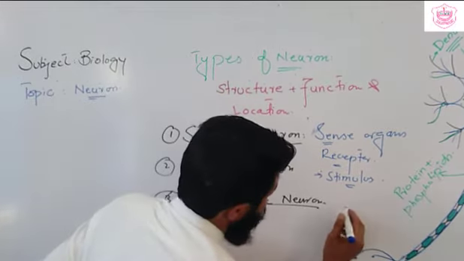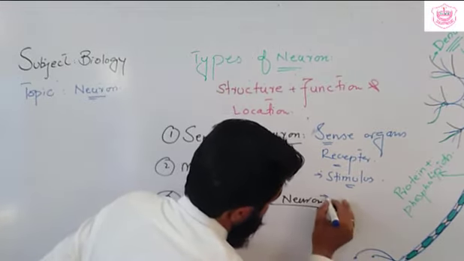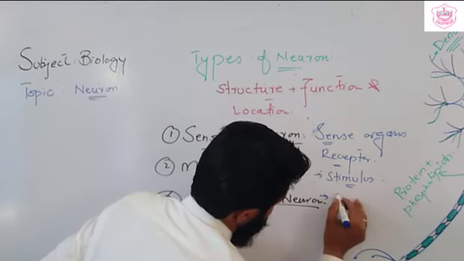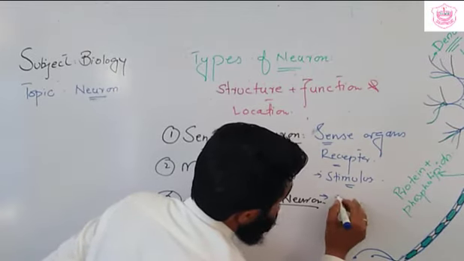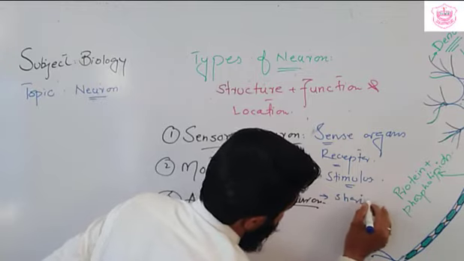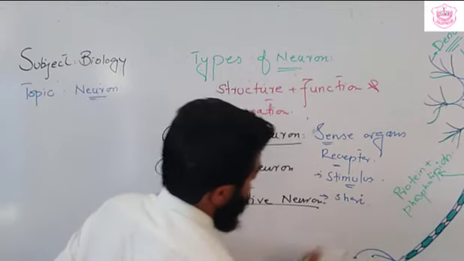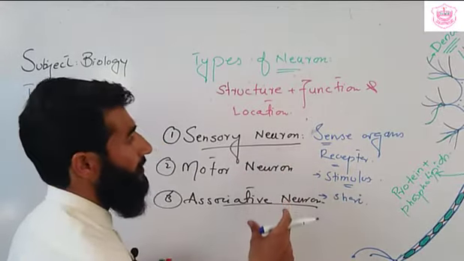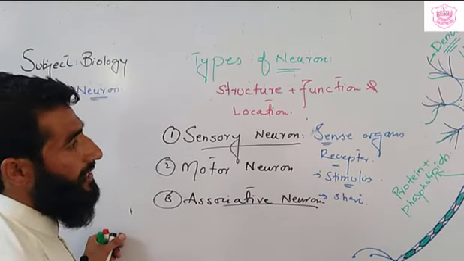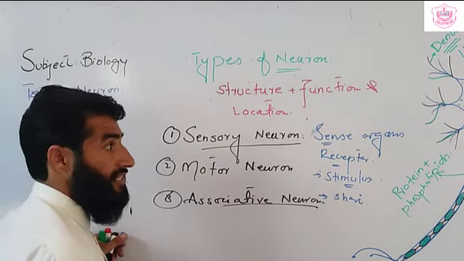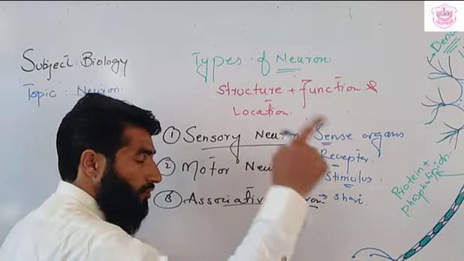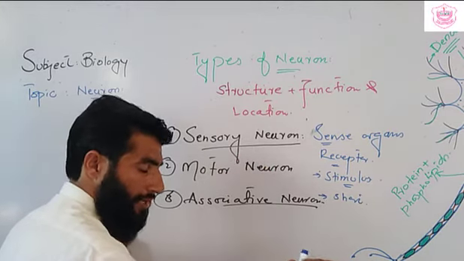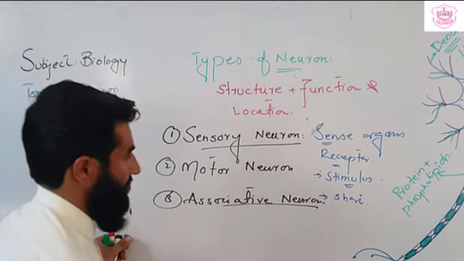In the sensory neuron the axon is short while the dendrites are long. So the sensory neuron carries impulses from the sense organ toward the integrator, the brain plus spinal cord.